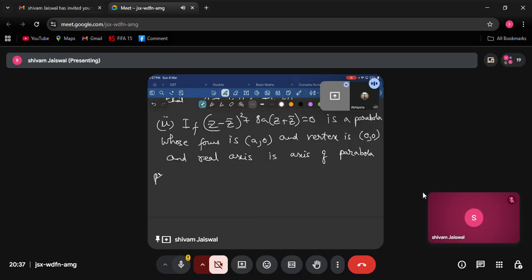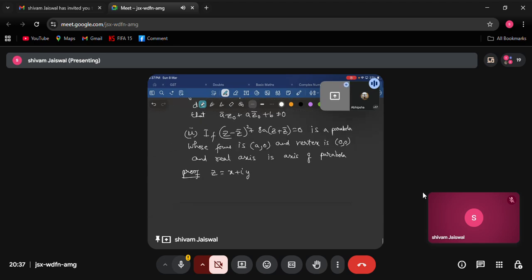What you can do is you can put z is equal to x plus iota y, and you can prove this. It's very simple. So what is z minus z bar, everyone? 2 iota y. 2 iota y whole square plus 8 into z plus z bar is 2x, 2x is equal to 0.